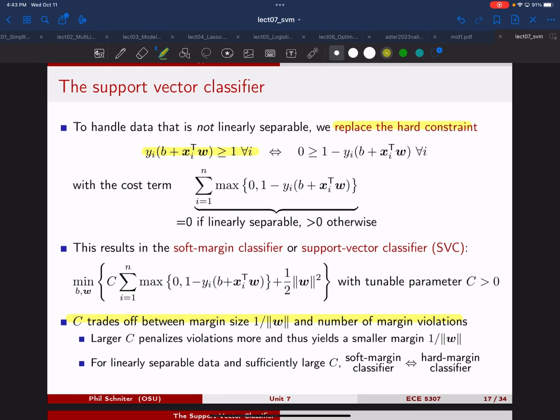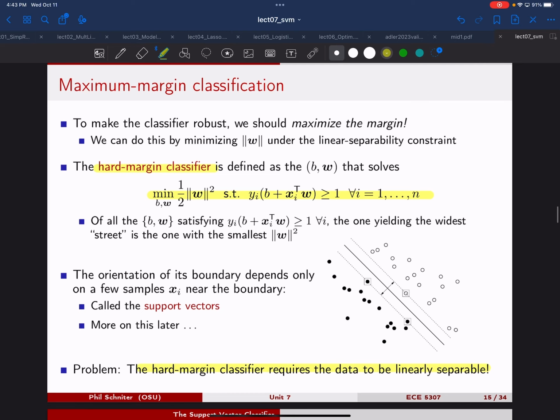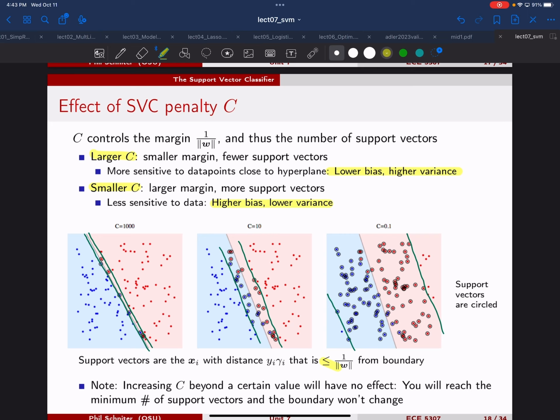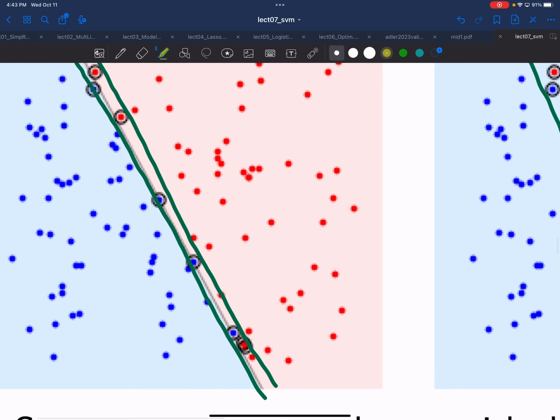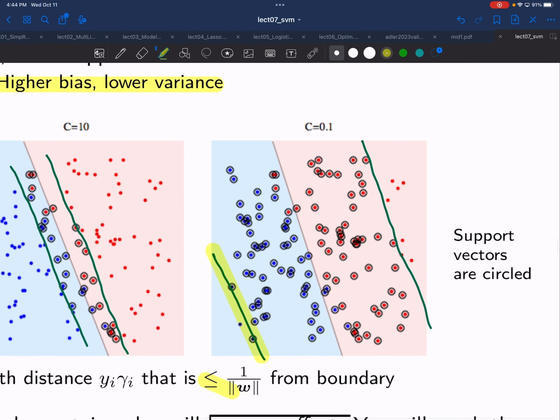Yes. Just with the slide with the 3 pictures that have the support vectors circled. It looks like all the support vectors are on the inside of the street. Are they supposed to be on the borders? Or the one with the lowest C. For this one, I don't know exactly where the street is, but probably some here are right on the edge, or at least one of them will be on the edge.